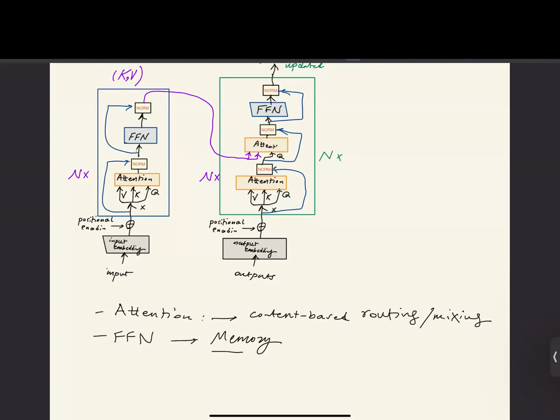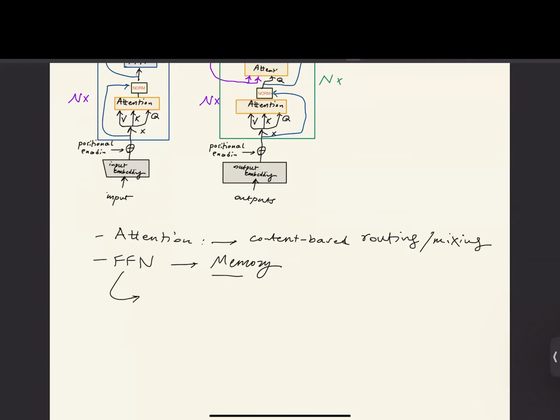And feed-forward neural networks perform this token-local computation that acts like a dense associative memory, which is like the content on the shelves. So even if you look at an FFN, let's write it like this. A two-layer FFN is like this, right?